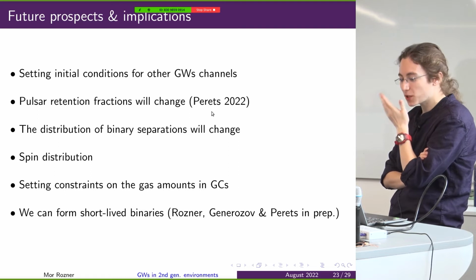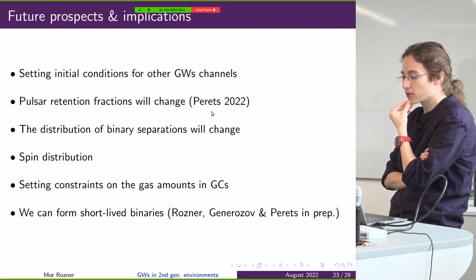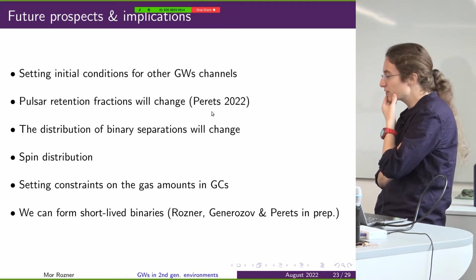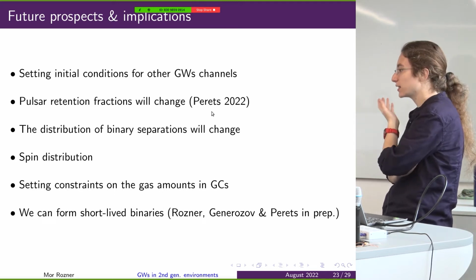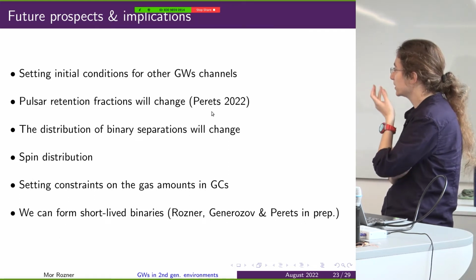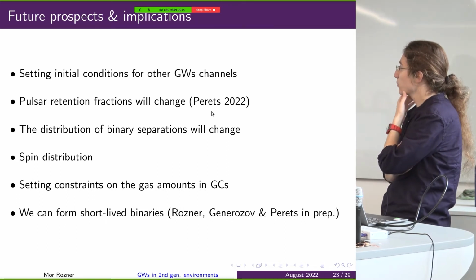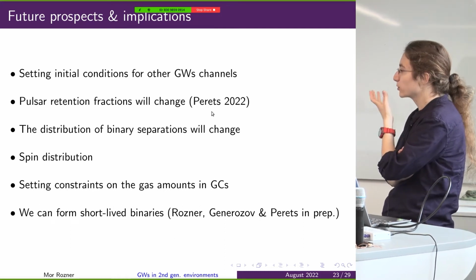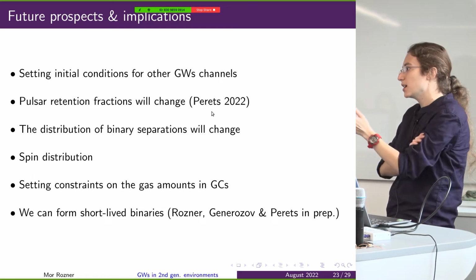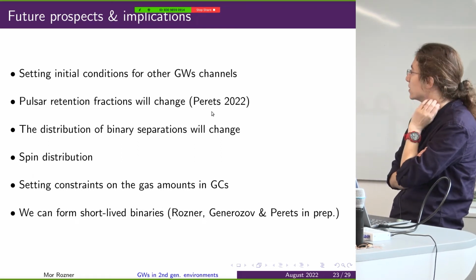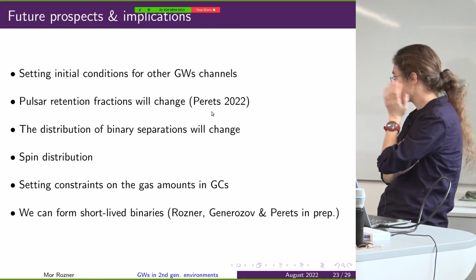So, future prospects and implications for this part: we are setting initial conditions for other gravitational wave channels because it happens very early in the cluster evolution. So we could modify the separation distribution. For example, we could have a different retention fraction, because we could accrete gas from second generation stars, etc., and then they won't be able to be ejected out of the cluster.